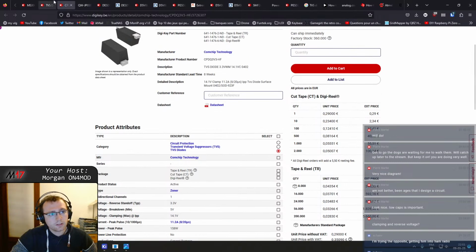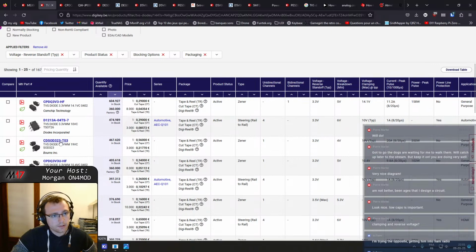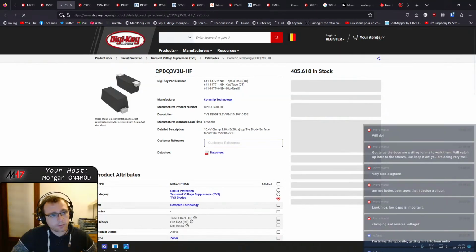Let's have a look at other diodes, see if maybe one would fit better. This one, what does it say?